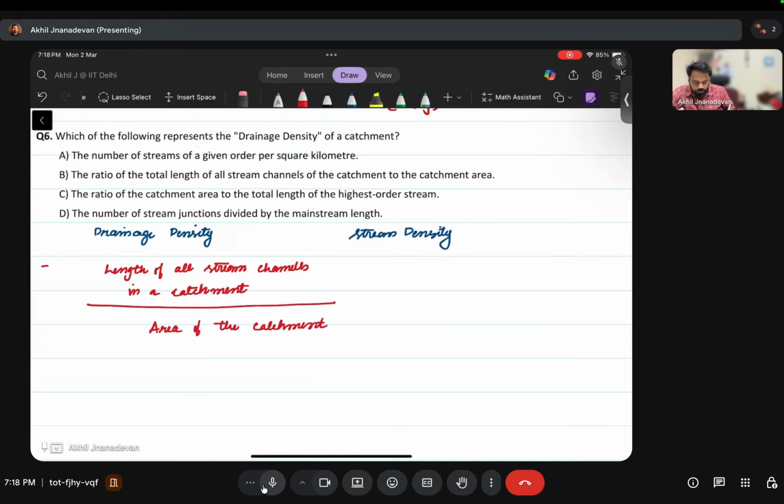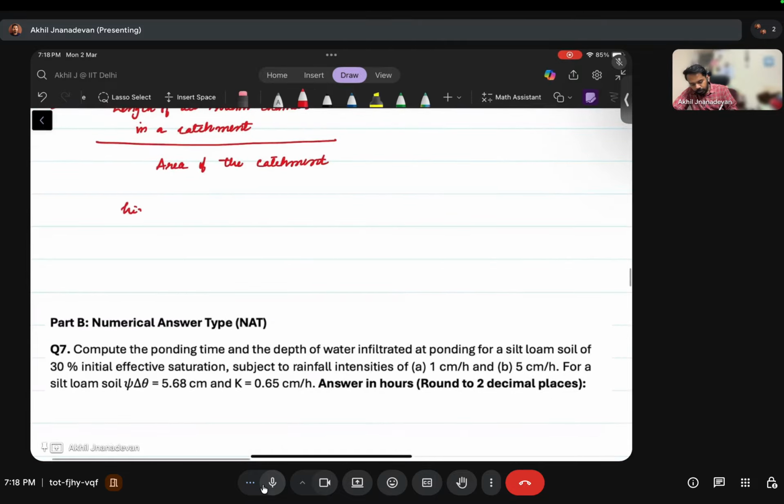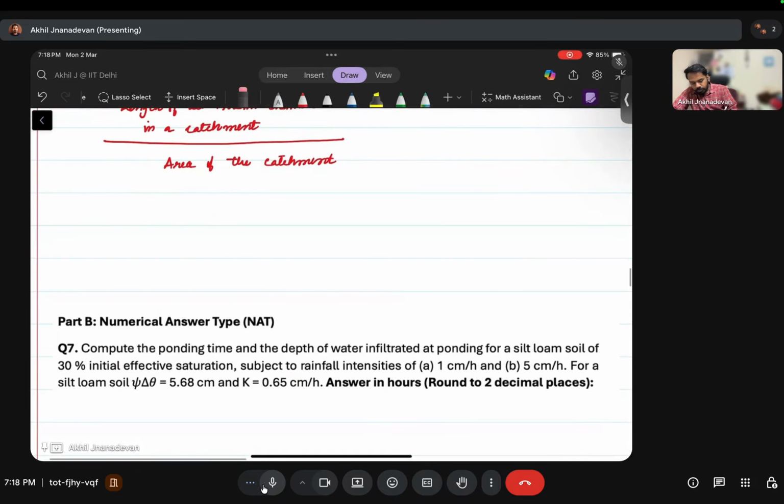So the idea is, it is just the ratio of length of all the stream channels. So how many stream channels are there? All the length if we add up divided by the area of the catchment gives the drainage density. So higher the DD, more efficient will be the drainage. Higher the drainage density, the runoff will be faster. Yes, faster. Okay, so that is the one thing that you need to remember.